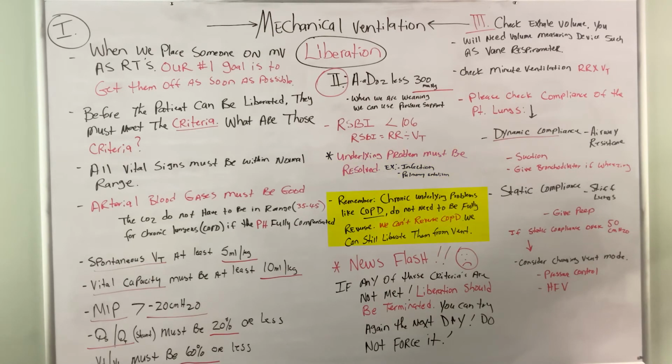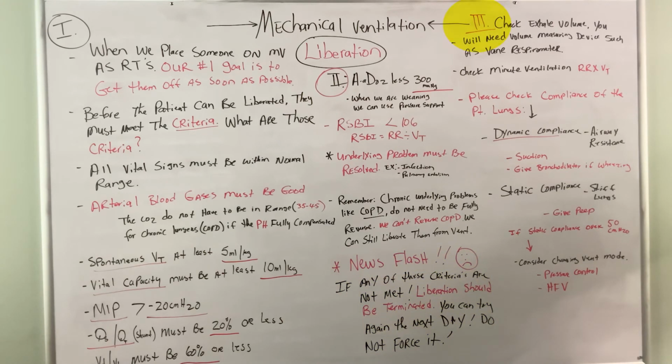Remember again, a chronic underlying problem like COPD does not need to be fully reversed, because we can't reverse the damage that is already done to the lung, but we can still get them off of the ventilator. Now, newsflash: if any of these criteria are not met, liberation should be terminated. You can try again the next day, leave them alone for the rest of the day, but do not force it. If they do not meet the criteria, do not force them.